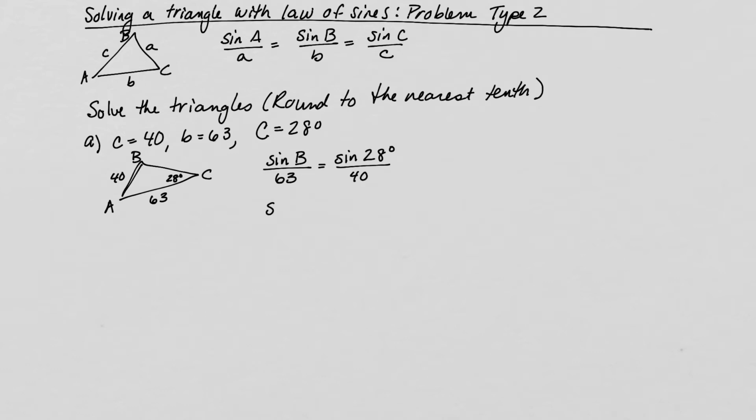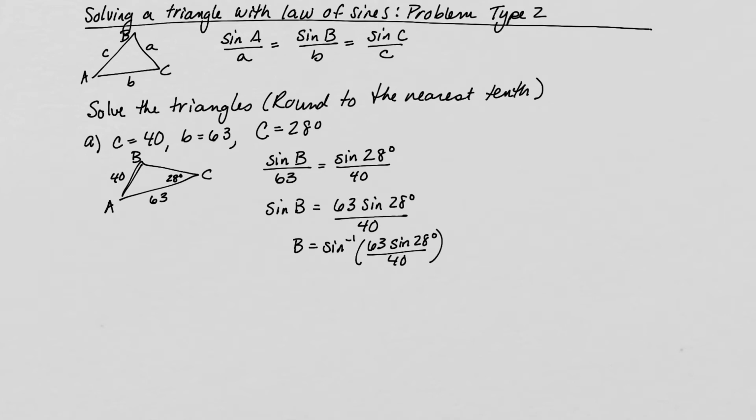So the sine of big B is 63 sine 28 degrees over 40. To figure out B, I need to take the inverse sine. So B is equal to the inverse sine of 63 sine 28 degrees all over 40.